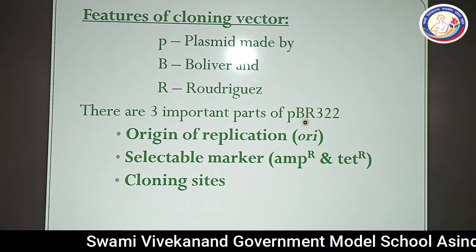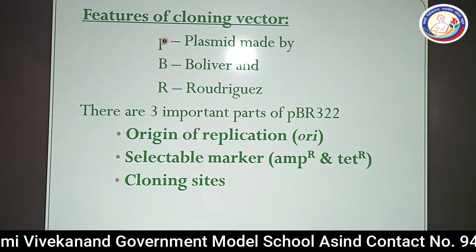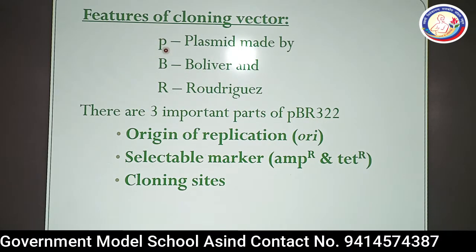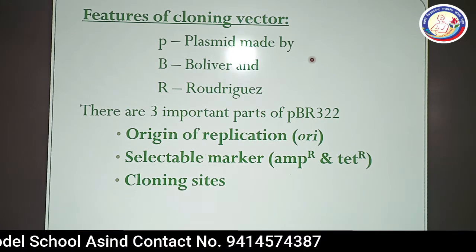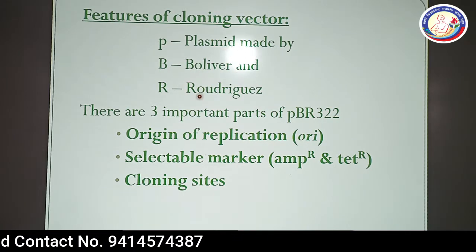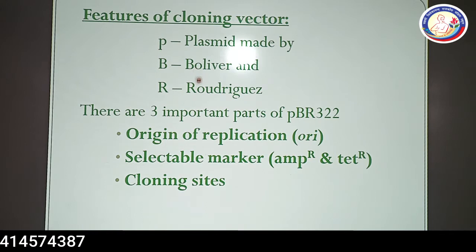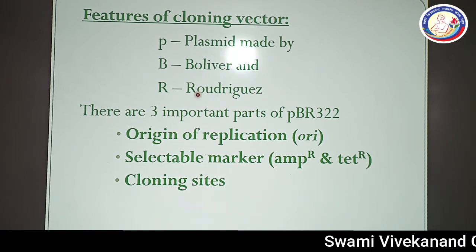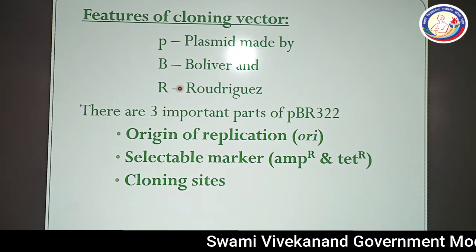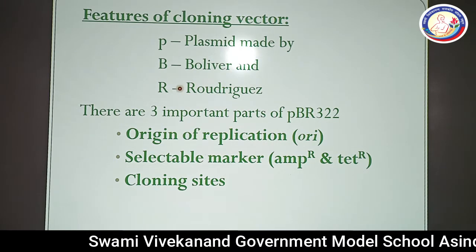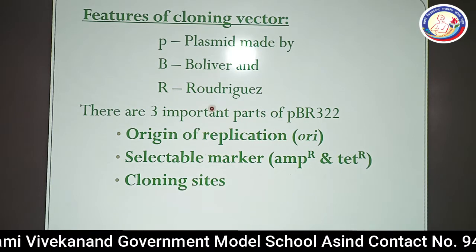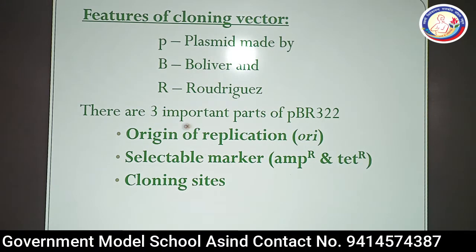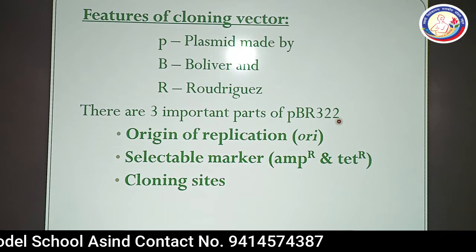The name pBR is given by these points: p stands for plasmid, made by Bolivar and Rodriguez. Bolivar and Rodriguez are the scientists who made this cloning vector pBR322 in the laboratory, and there are three important parts of pBR322.